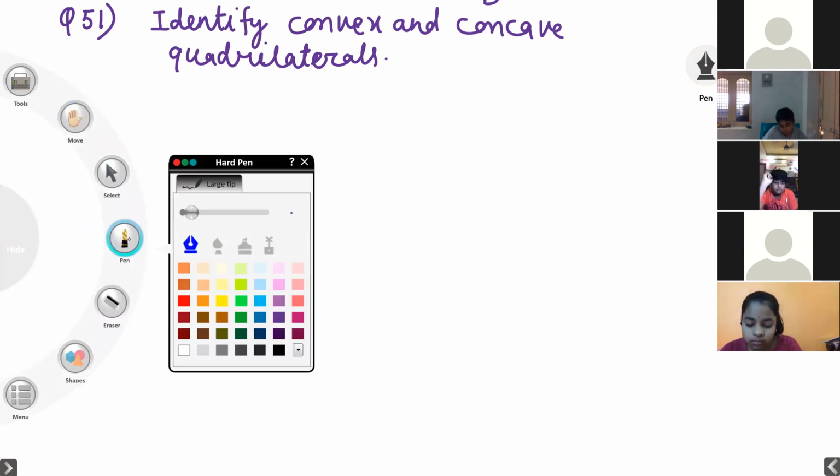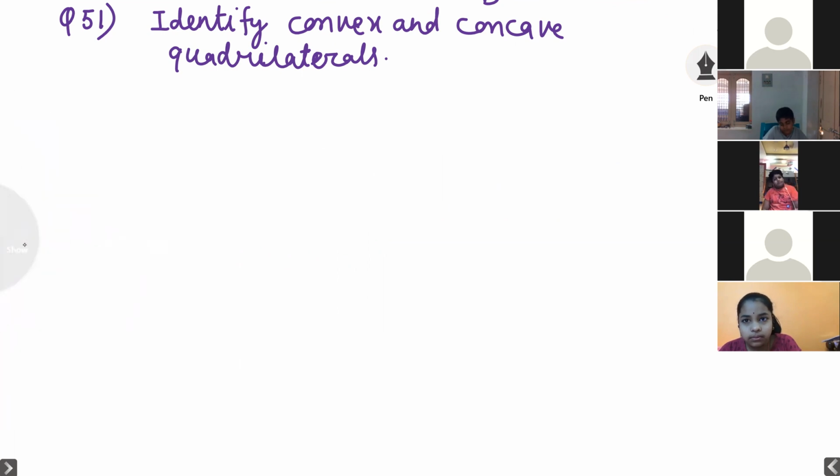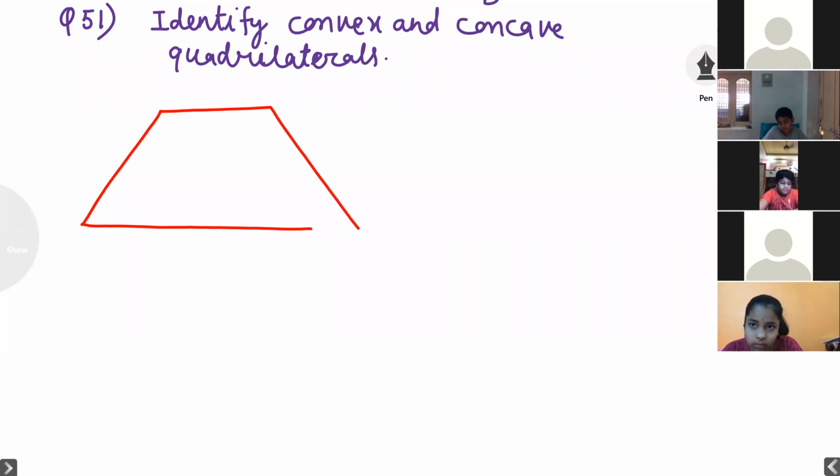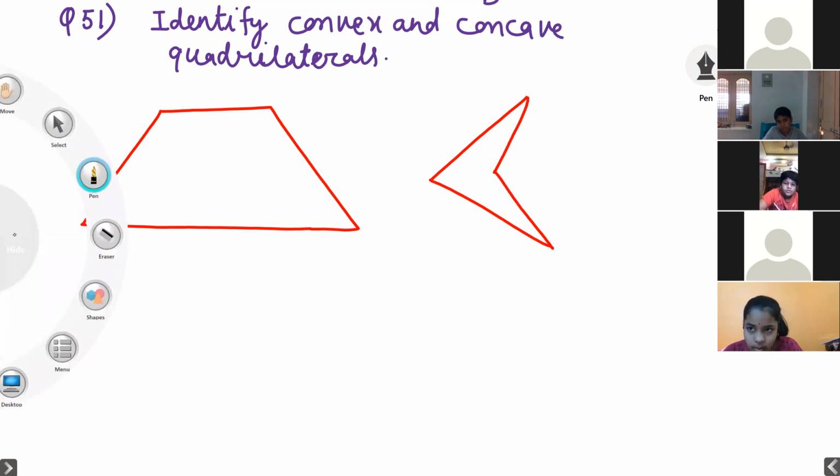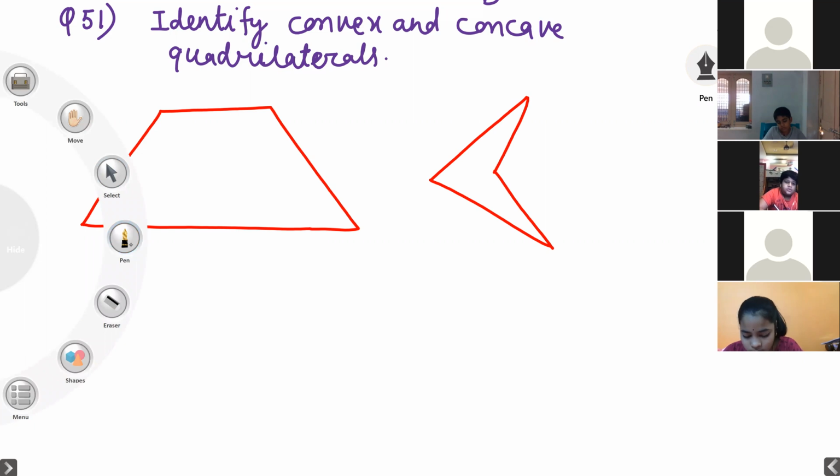If I'm talking about a convex quadrilateral, each and every diagonal will exist inside. What is the name of the first figure?